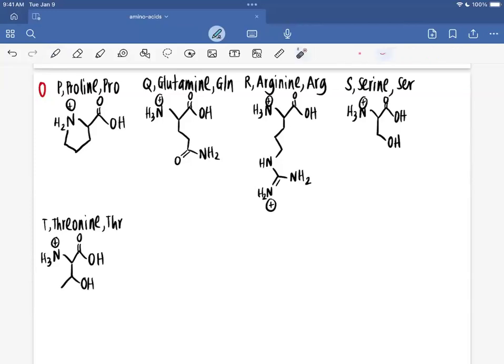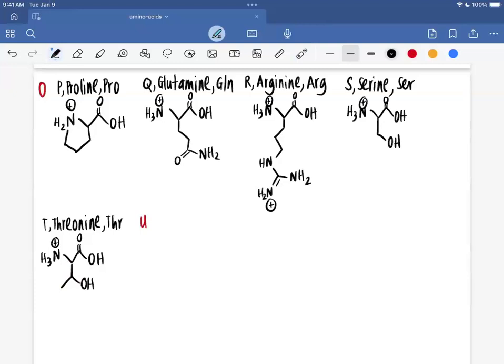So if we see the alpha carbon, beta carbon, and gamma carbon. One other way that you might remember the structure of threonine is that it sort of looks like a T. So threonine and serine are also polar amino acids with regard to their side chains.